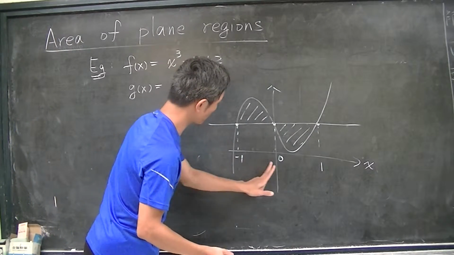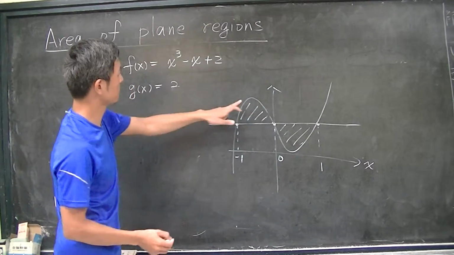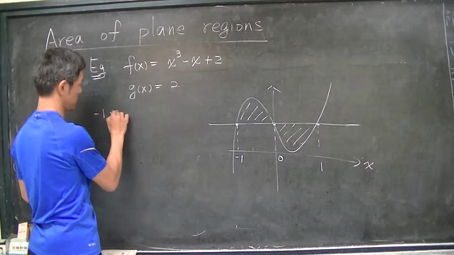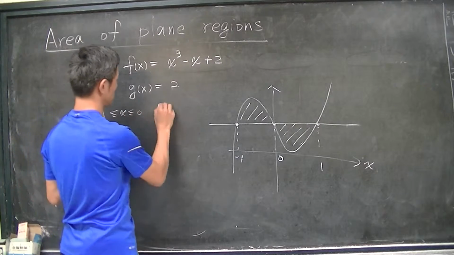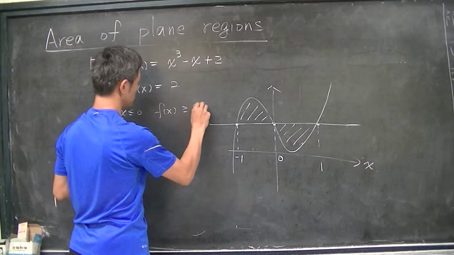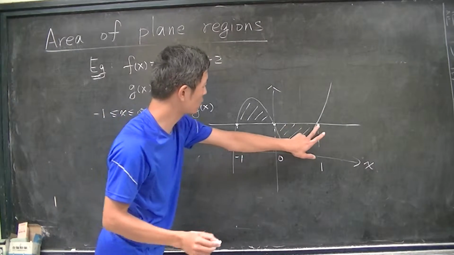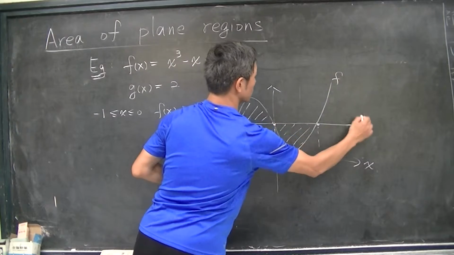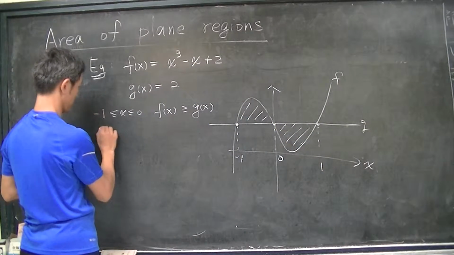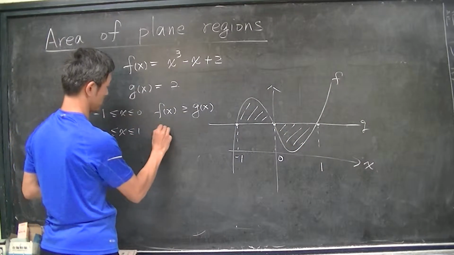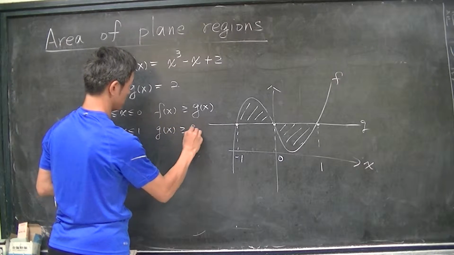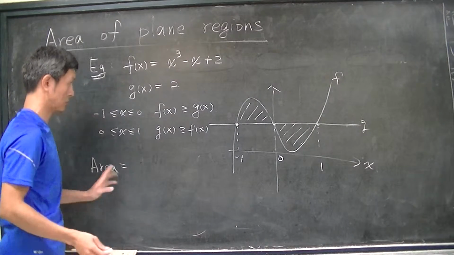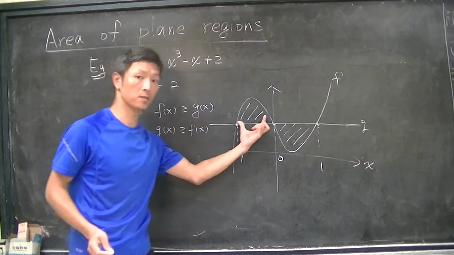From -1 to 0, the curve f is greater than g. But from 0 to 1, g is greater than f. So we need to set up different formulas for the area.